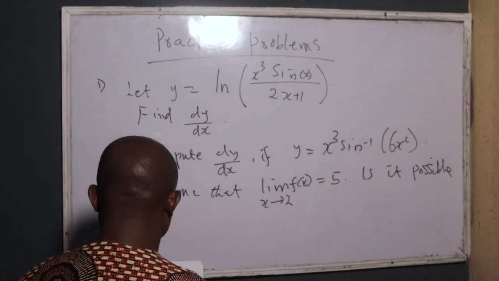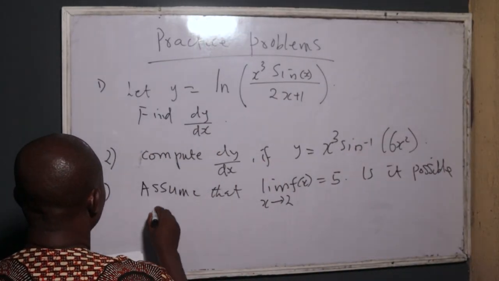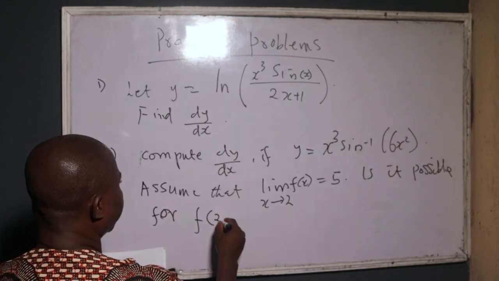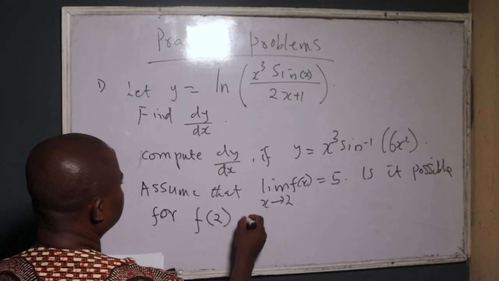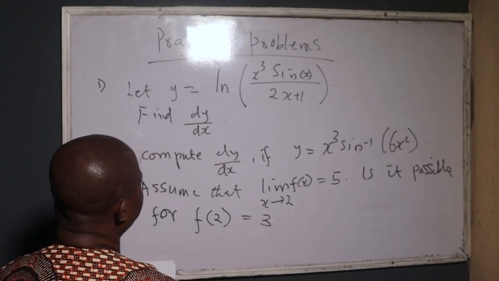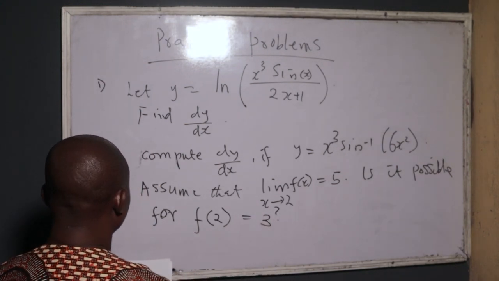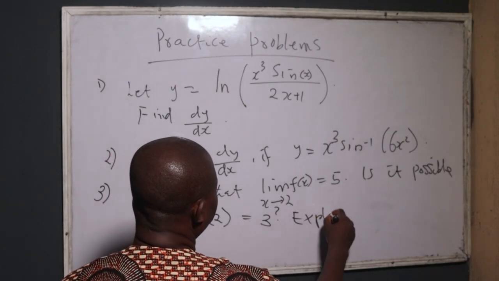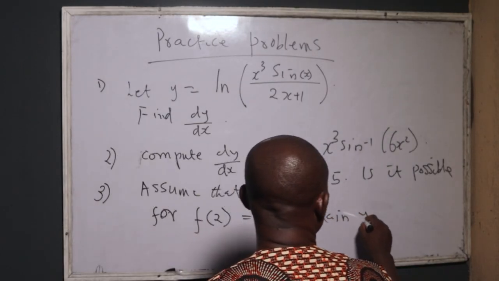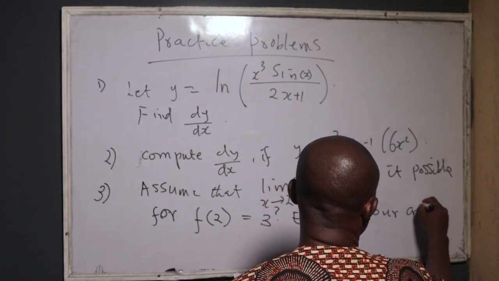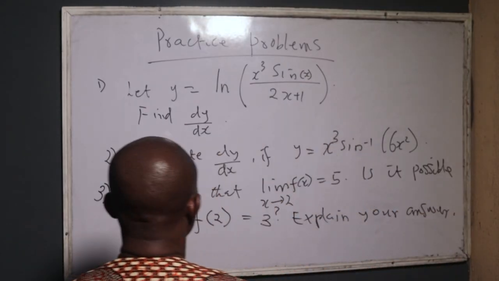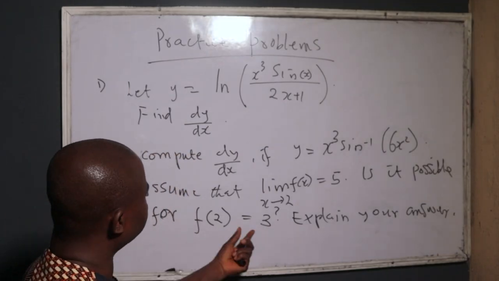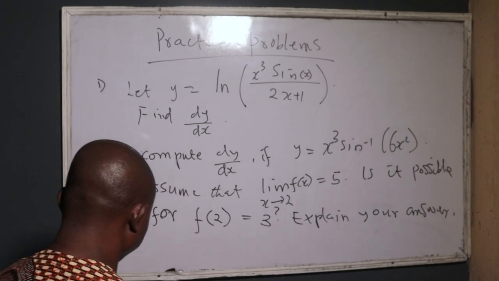Is it possible for f of 2 to be 3, for example? Is it possible for us to have this situation? And then it says you should explain your answer. That means if you say it is not possible, you tell us why it's not possible. If it is possible, you also explain the reason it is possible.